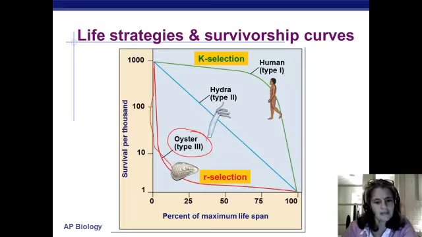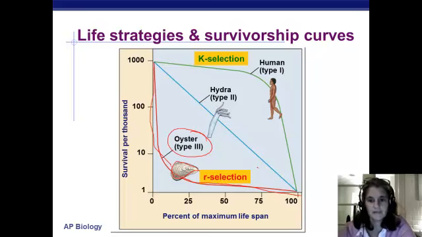But if they make it to adulthood and become a real heavy-duty oyster, protected in that shell, then your chances of survival are pretty good. So this is a type 3 survivorship curve, meaning that you are likely to die when you're young, but if you make it past being very young, then you're probably going to live a long time.